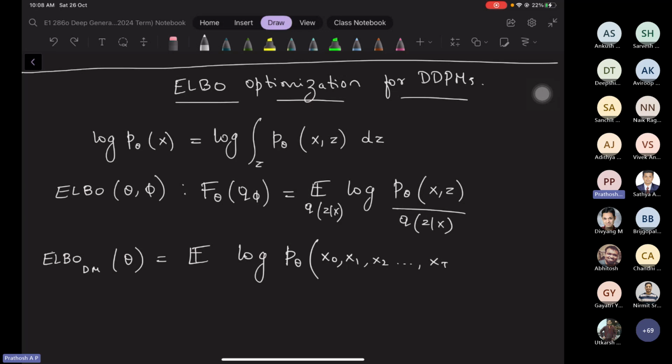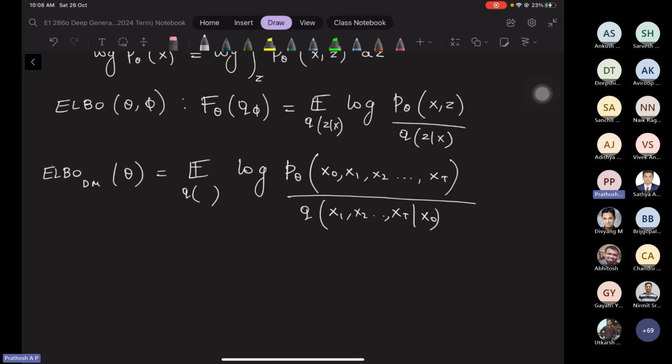This is because x naught is the data variable and x1 through xT are the latent variables, correct? Divided by q of the latent variables x1, x2 up to xT conditioned on x naught. This is only a function of theta, as you can see, because encoding is fixed. Is this all right?